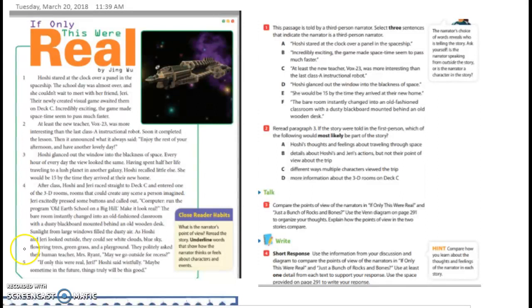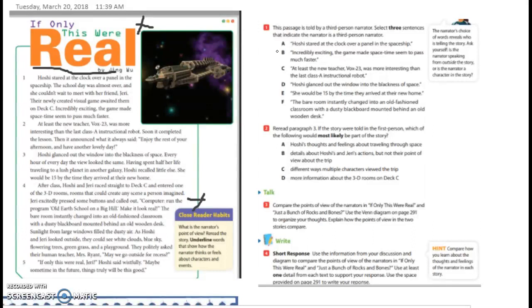Before we begin reading, we are going to underline the title, Is This Real? We're also going to identify text features like this illustration, our closed reading habits, and we will look at our questions. Question number 1 says, this passage is told by a third-person narrator.